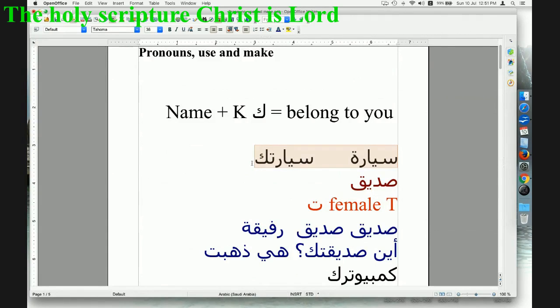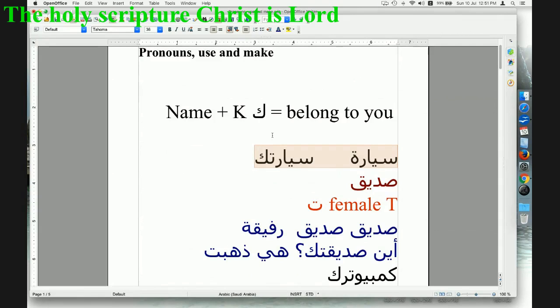Or let us say I'm speaking to you on the phone, that still presents you as present to me because I hear your voice, I'm talking to you. So if I'm talking to someone directly, I use the ka at the end and I make it belong to him. So the noun plus the k or ka makes it belong to you. And you can add that to anything: friend, house, object, TV, computer, brother, sister, anything.